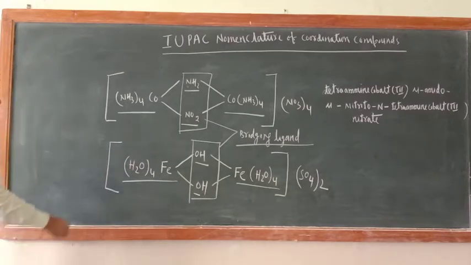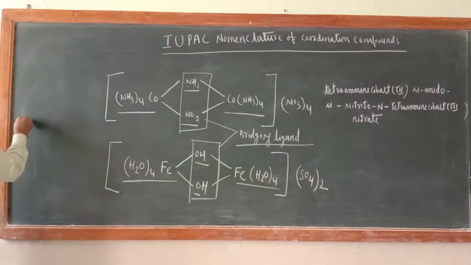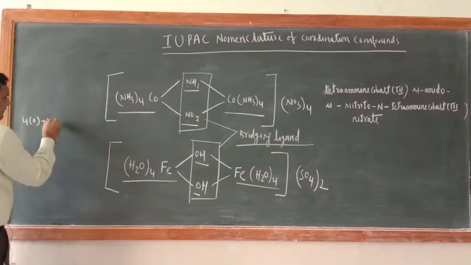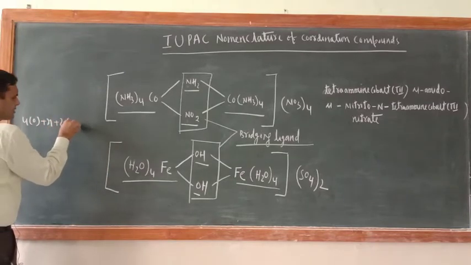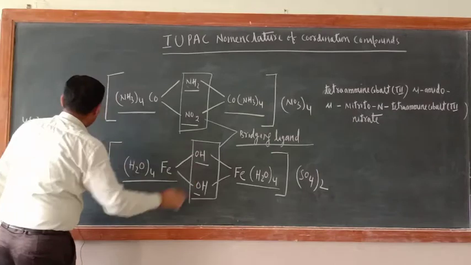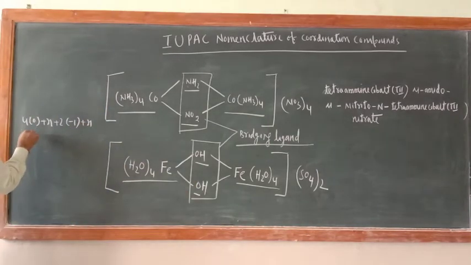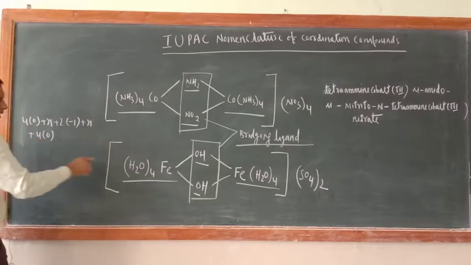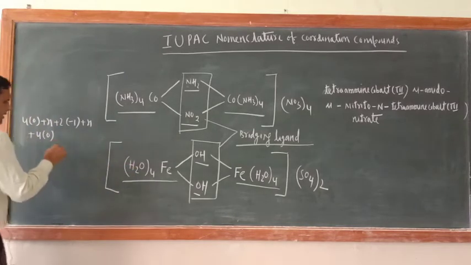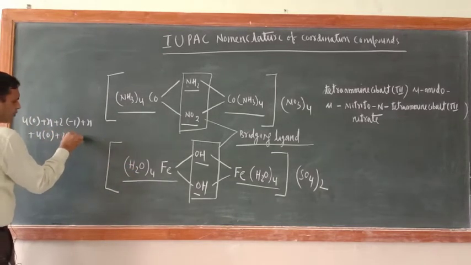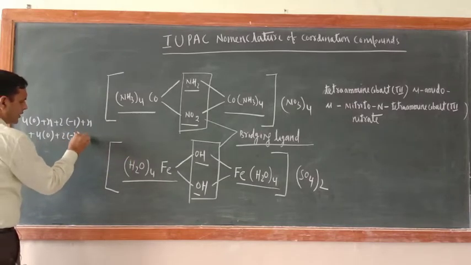If you want to calculate, you can calculate. Just see. 4 times 0 plus X for iron plus 2 times minus 1, OH equal to minus 1, plus again X plus 4 times 0. Aqua is a neutral ligand. Then plus 2 times minus 2. Sulfate equal to minus 2, equal to 0.